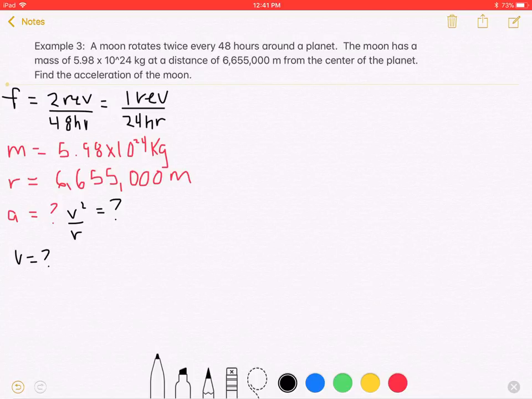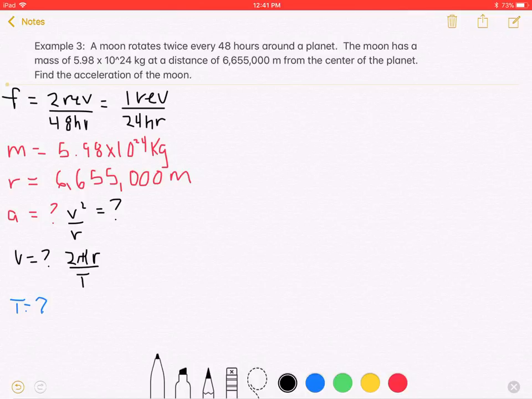We're given frequency, so we can find the period. We're going to use that second relationship, 2 pi r over the period. First, we need to find the period. We can find the period using the frequency. We just need to get it into the correct units.